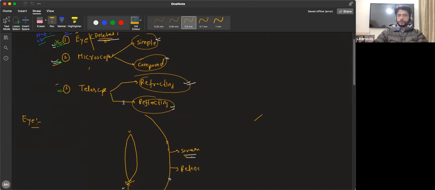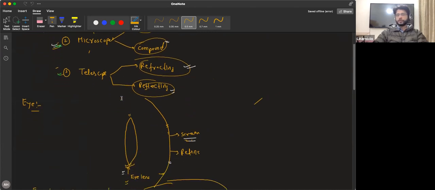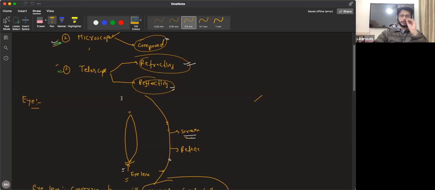But to study microscope or telescope, you should know some basic things about the eye. The first thing is the eye lens. This eye lens is basically a convex lens. And the focal length of this convex lens is variable. The eye lens can change its focal length.